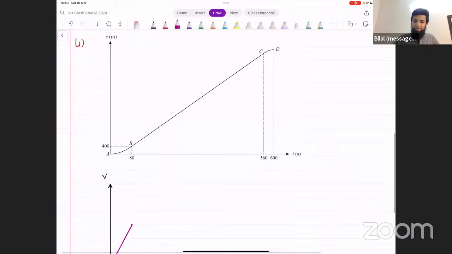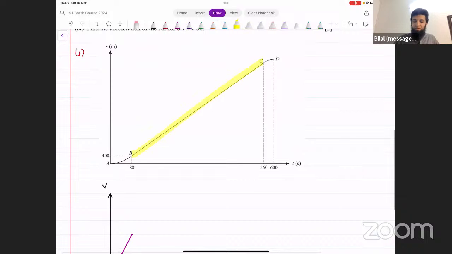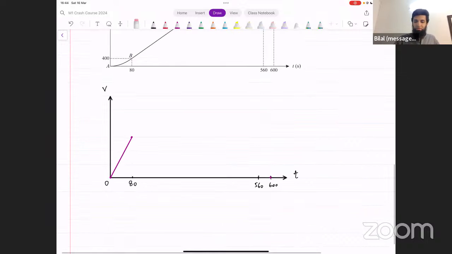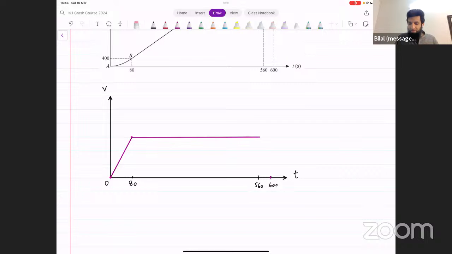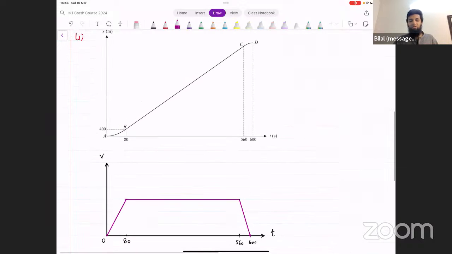Okay, and then from this point to this point, from B to C, it's moving at constant velocity because the gradient of the displacement time graph is constant. So this part on the velocity time graph is going to be horizontal because the velocity is constant up to 560. And then it goes from 560 to 600 like this. That is what the velocity time graph is going to look like in this case.